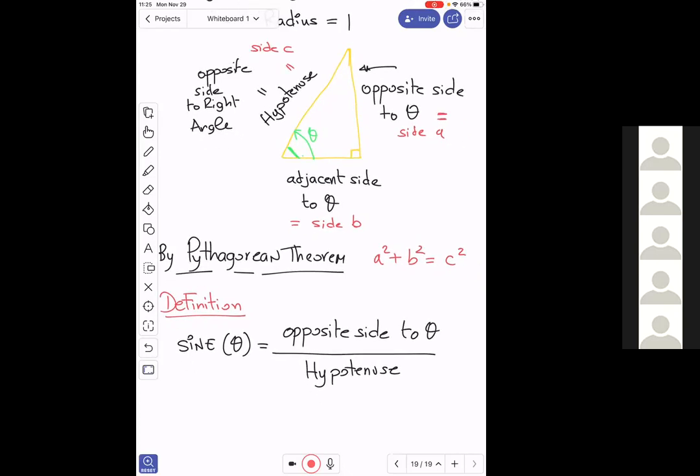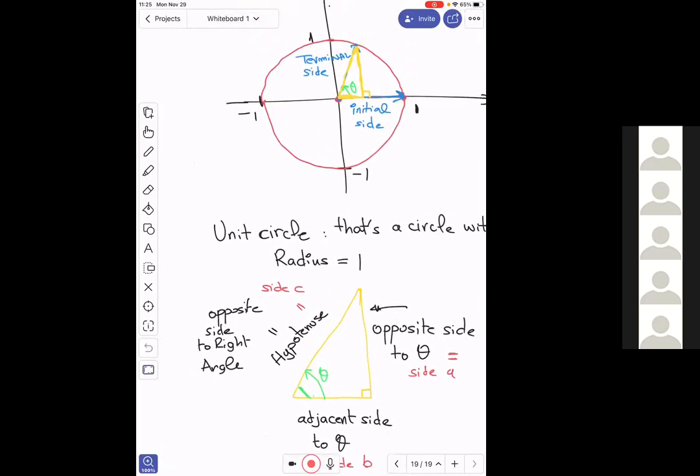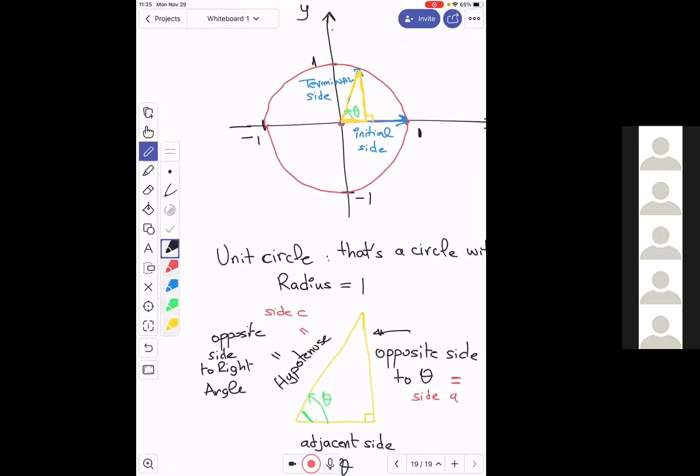But in our case, because this is the radius, this is your hypotenuse. The length of the hypotenuse is actually equal to 1, because that's a unit circle and the radius of the circle is 1.